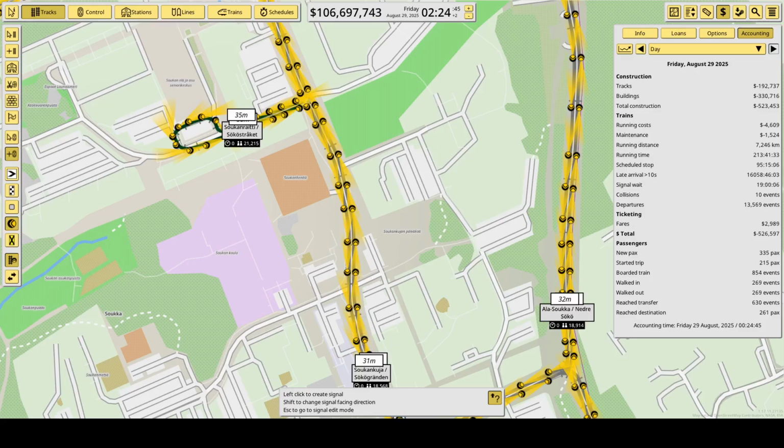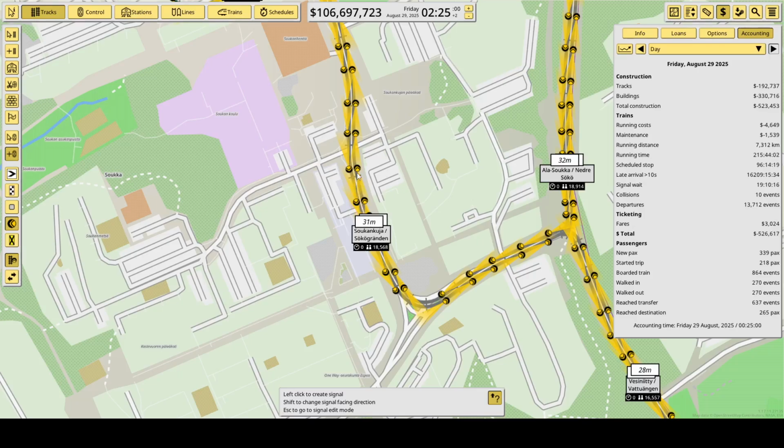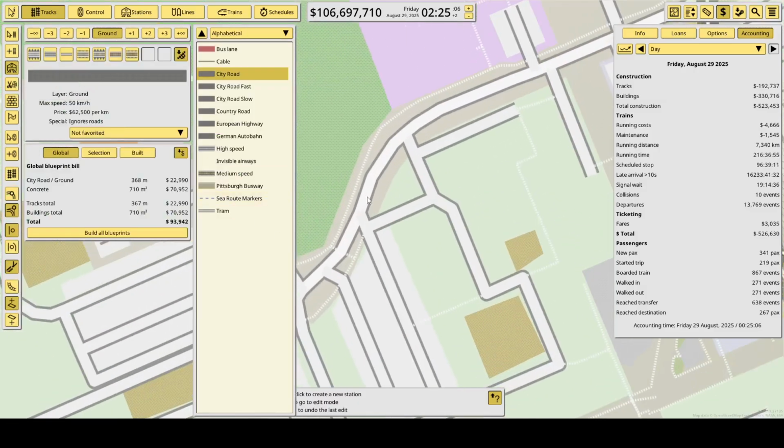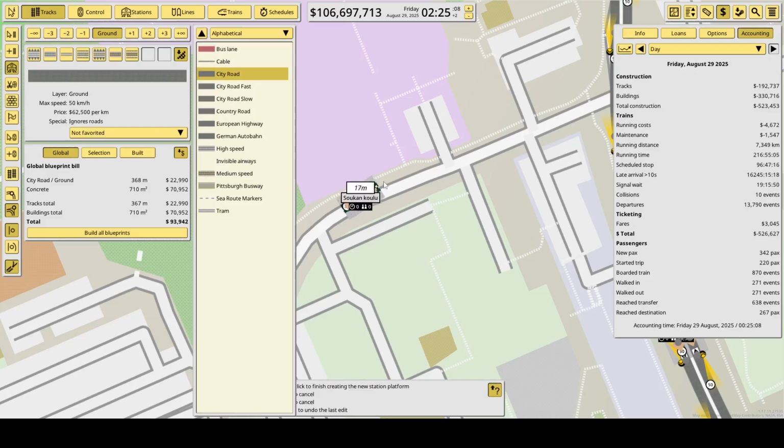After Soukan Raitti, we'll then have a stop at Soukan Koulu, and then at Soukan Kujanne. So we're once again going to do a nice little stupid turn, having the stop called Soukan Koulu in here.